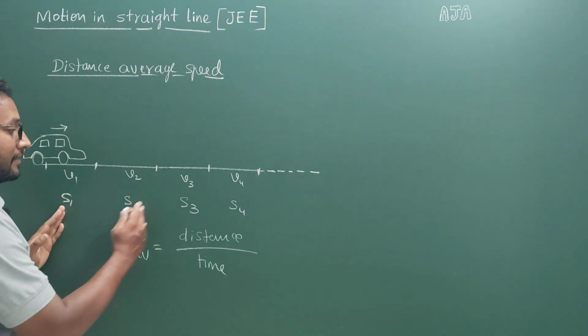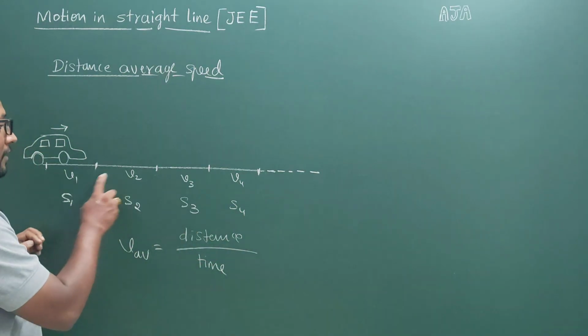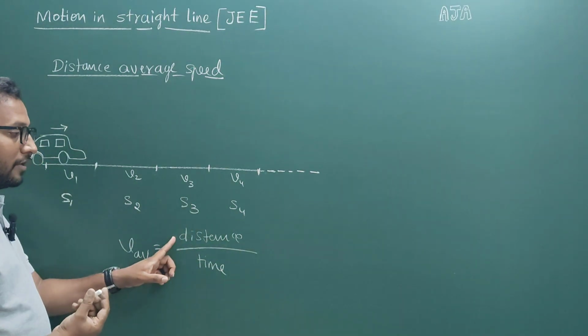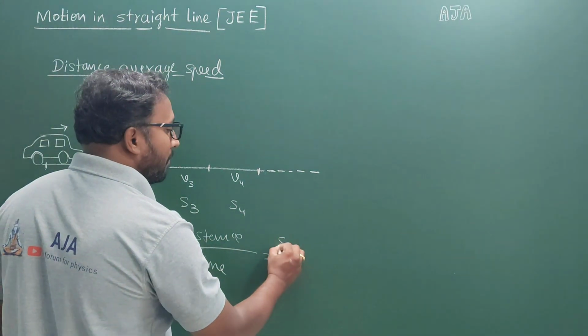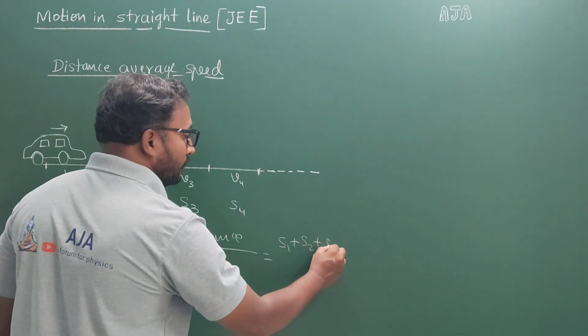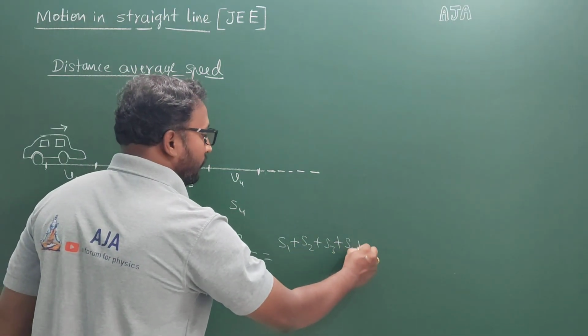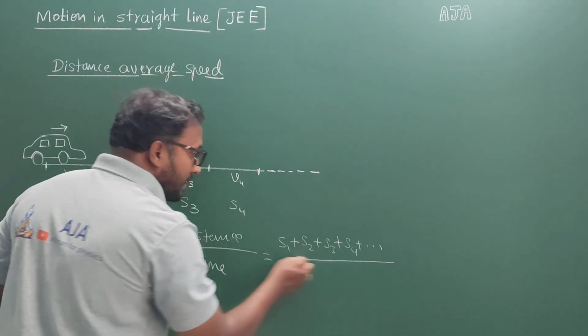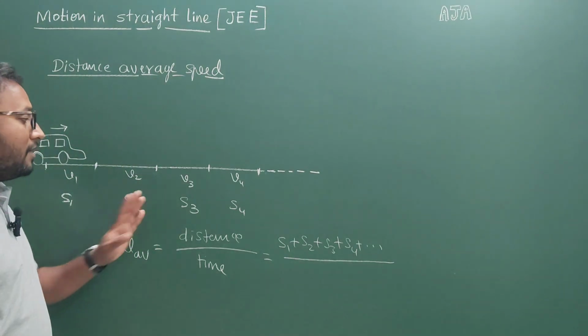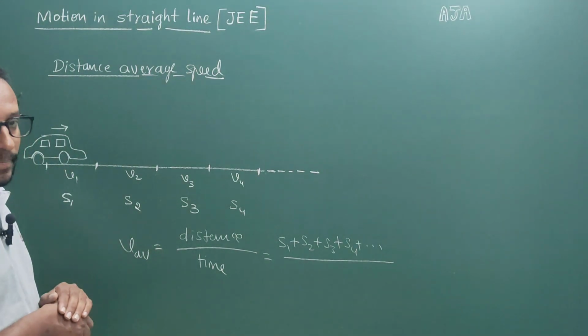If you add all these distances, you will get the total distance. So the formula is very simple: S1 plus S2 plus S3, S4 and so on divided by the total time taken. That time is not given, we have to calculate the time here.